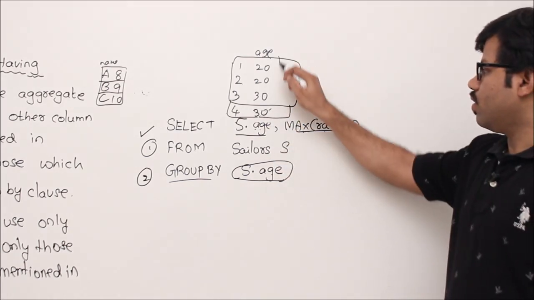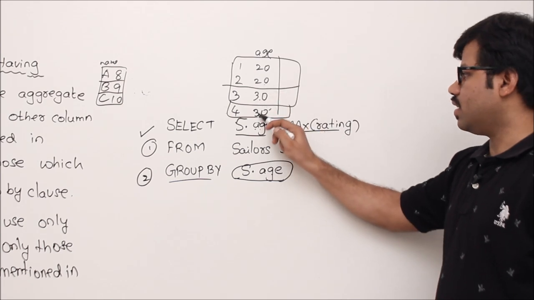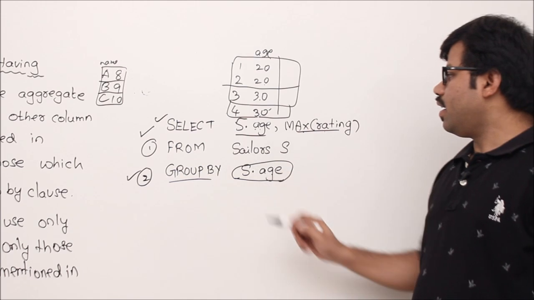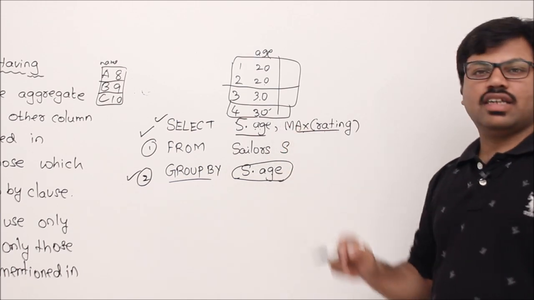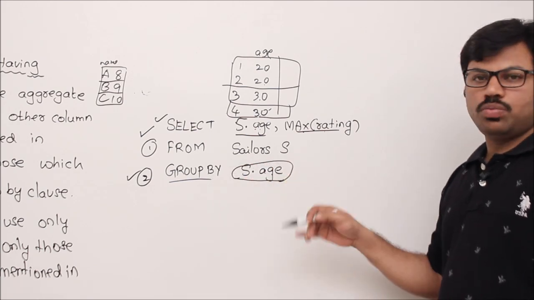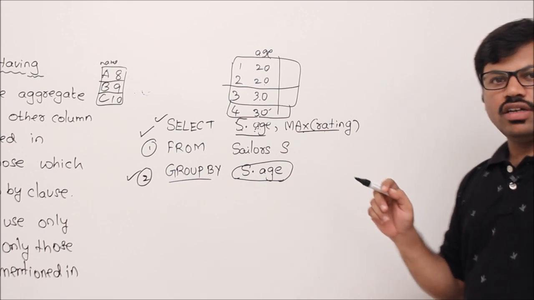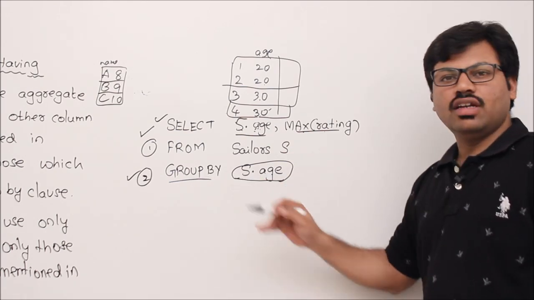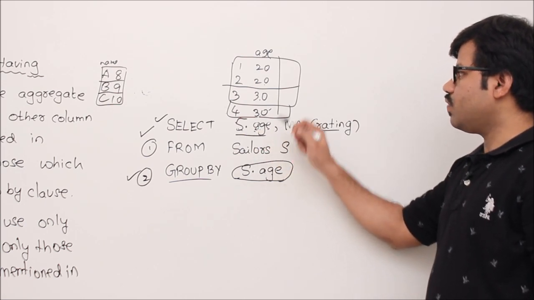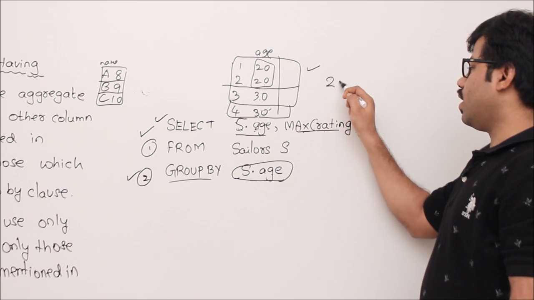Okay. Now, group by is done. Now there are two groups, age 20 and age 30. Step number 2 is done. Then step number 3, print max rating and s.age. Since group by is done, every group's age will be printed. That is the meaning of s.age. Already I told you, correct? Whenever group by is done, the remaining operations are for groups. Now if I print s.age for the first group, is it not a fixed value? 20, correct?